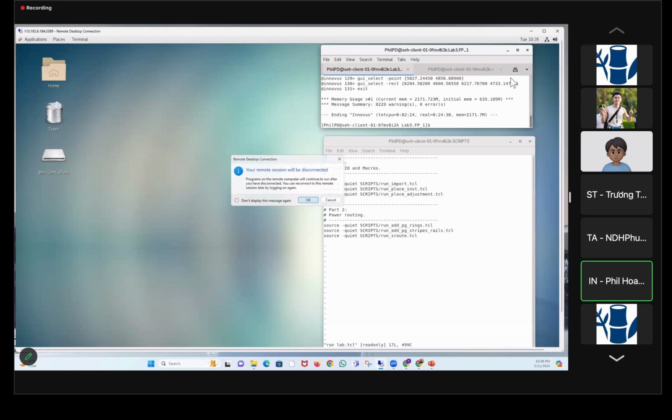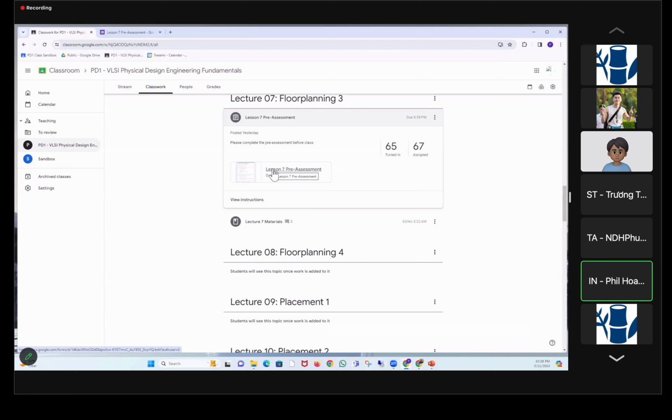So let's go over the assessment. We'll go over this assessment first. Oh, I remember I owe someone a question of what determines the core.